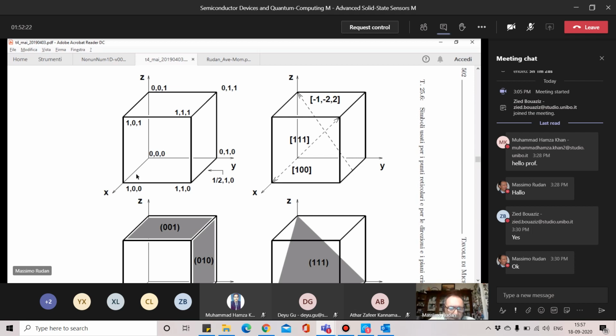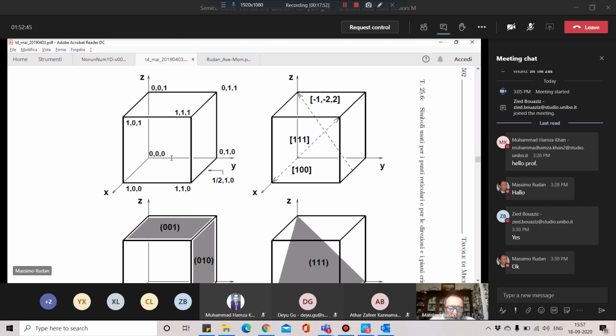And this point, 1, 0, 0, corresponds to the length of A1. So A1 lies along this segment here. So the coordinates of this point, of course, are 1, 0, 0.